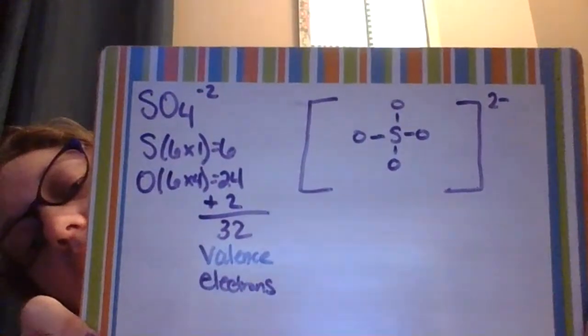Now, because that only gives me 8 valence electrons so far, I have 24 left to go. So 24 divided by 4 is 6, so each oxygen atom gets 3 lone pairs to equal 6 valence electrons on each one. So there's that.